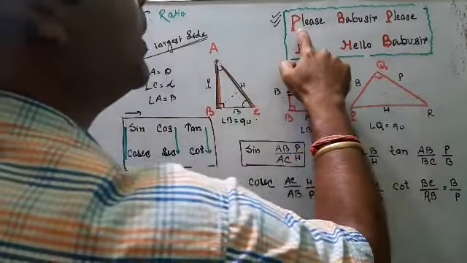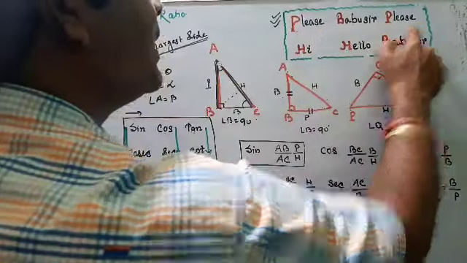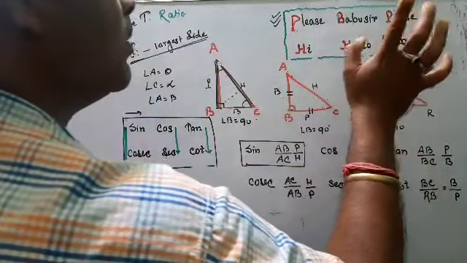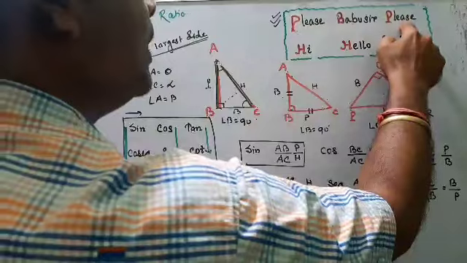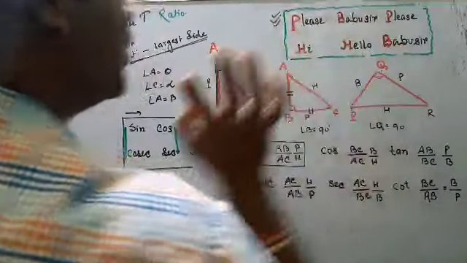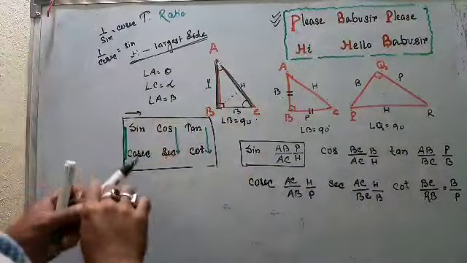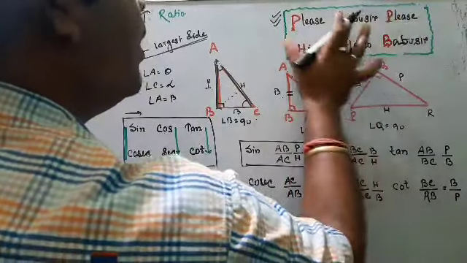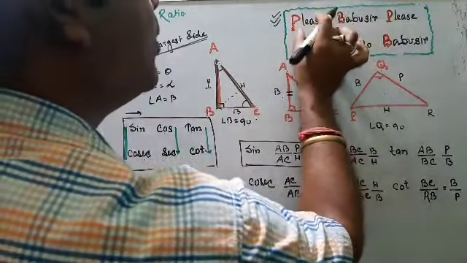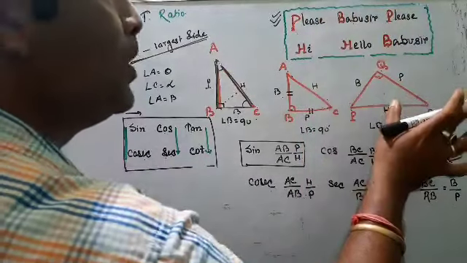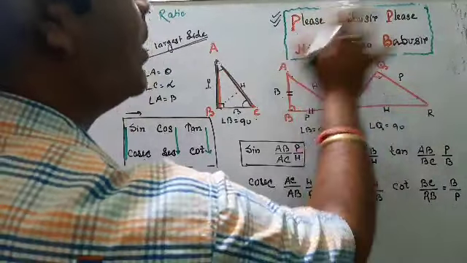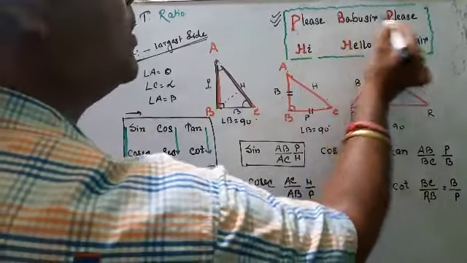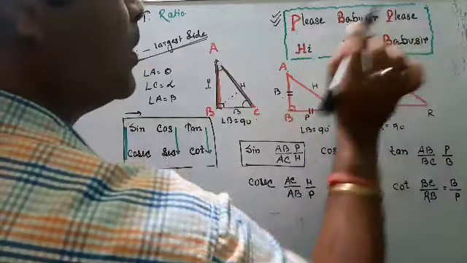Remember this one: Please, Babu sir, please. Hi, hello, Babu sir. What do you say? Please, Babu sir, please. Hi, hello, Babu sir. Now here, you just write like this. For your memory, you have to use some tricks. No need to learn, only memorize easily. Please, Babu sir, please. Hi, hello, Babu sir.